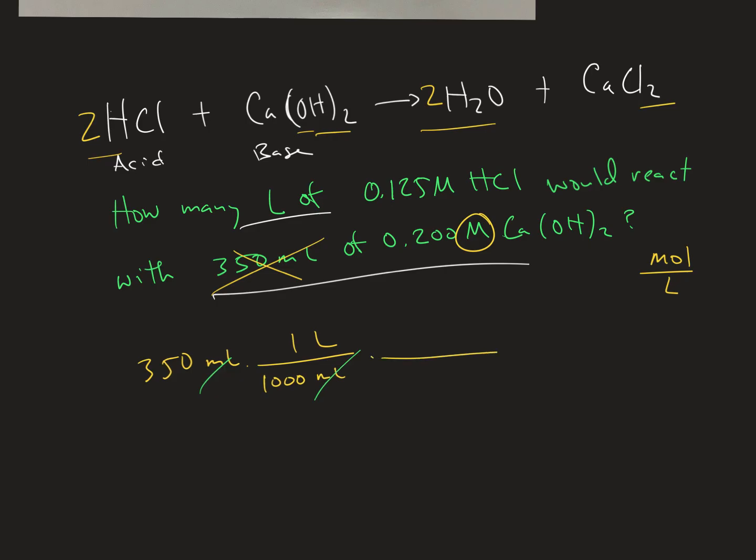And now I use my molarity, 0.200 moles of calcium hydroxide to 1 liter of solution. Y'all with me? Do that so that the units I don't need cancel out. Okay, now I have moles of calcium hydroxide.